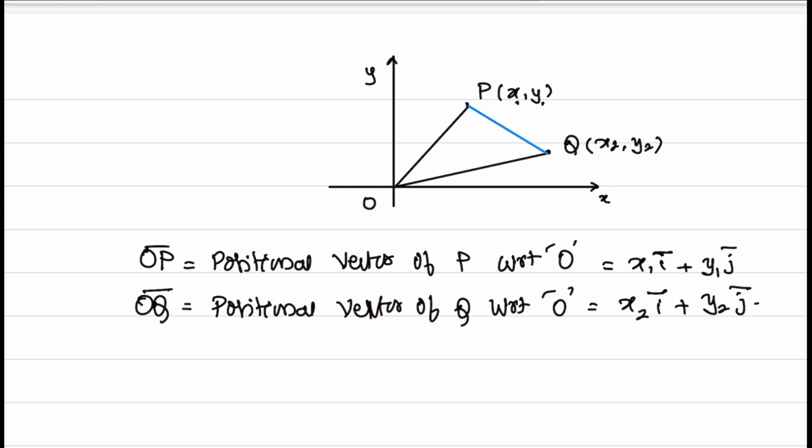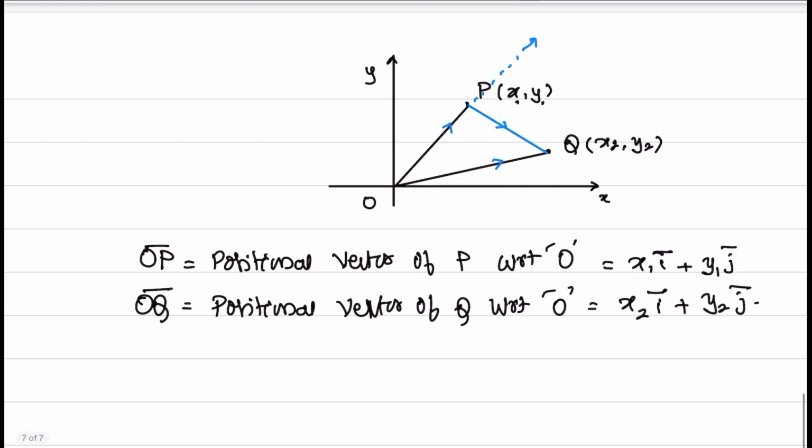You remember, everything in vectors should be cyclic. OP is in this direction, OQ is in this direction. Then what about PQ? I have already explained, there should be some reference. Here P is not with respect to Q, or Q is not with respect to P. Reference, let us say, is equal to origin.